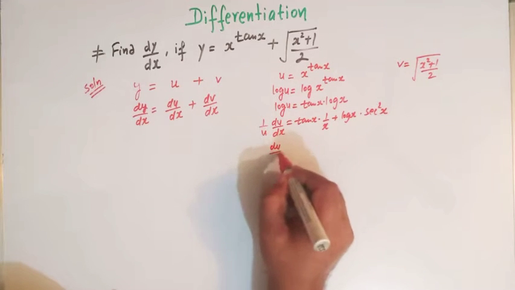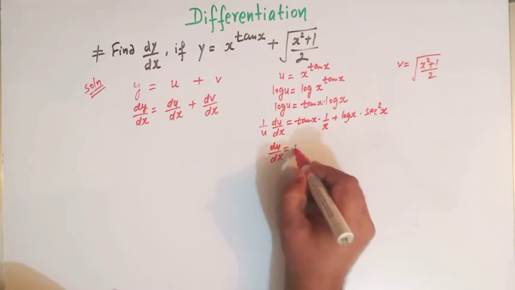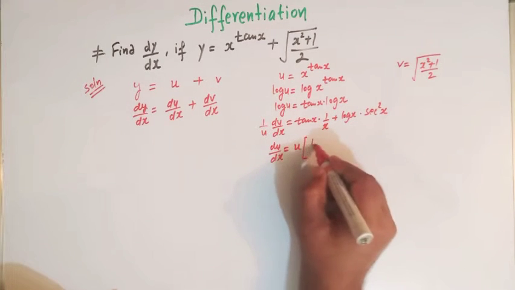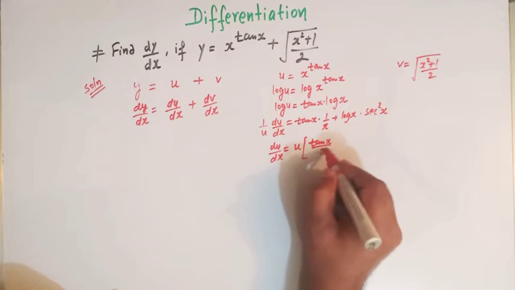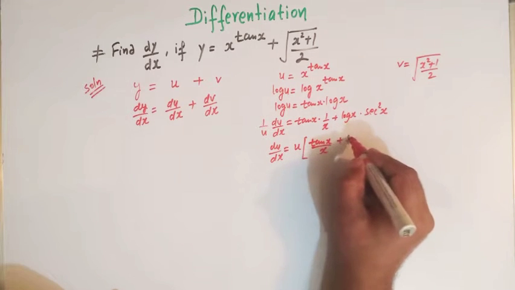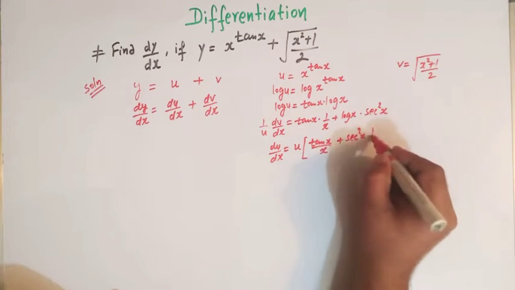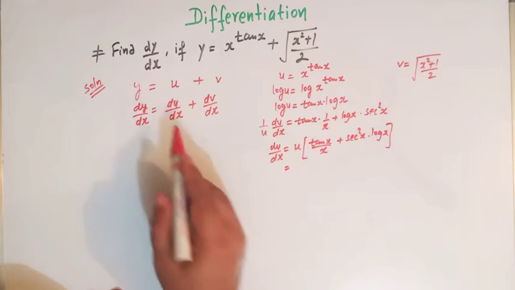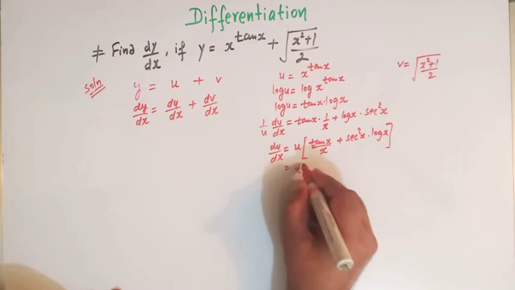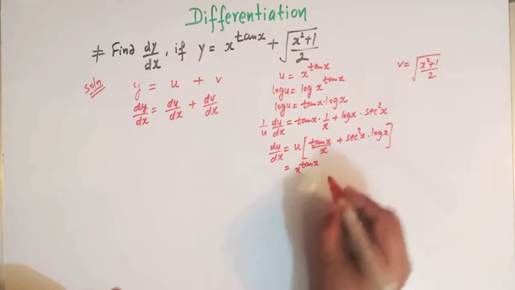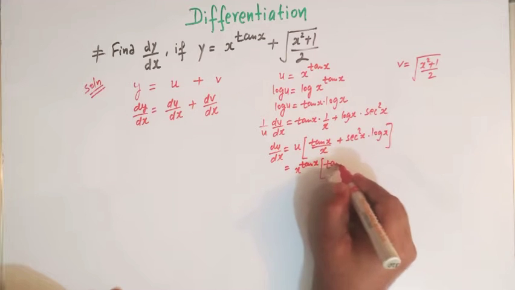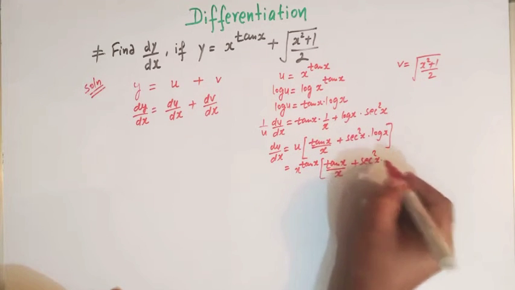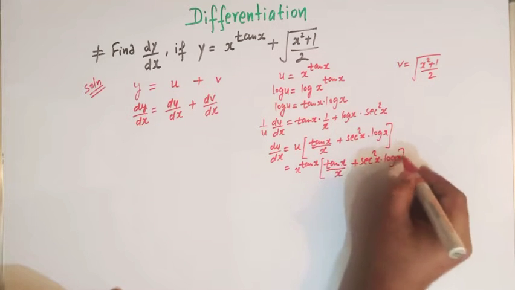So du over dx can be written as, taking u to this side, u times 10x over x plus sec square x times log x, right? And if we substitute the value of u, so u is x raised to 10x, and we have 10x over x plus sec square x times log x, right?